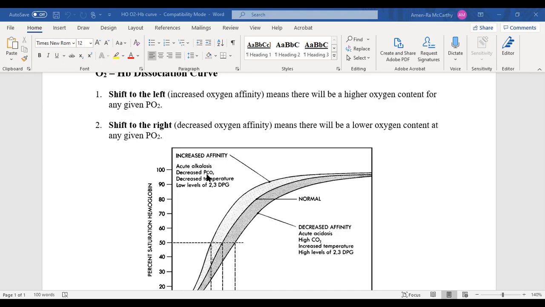You have it loves oxygen and everything else goes down. CO2 went down, temperature goes down, 2,3 DPG goes down, okay? Now let's go back to the middle. What happens when it shifts to the right? We have a shift to the right, then everything does what? Goes up. CO2 goes up, temperature goes up, 2,3 DPG goes up.